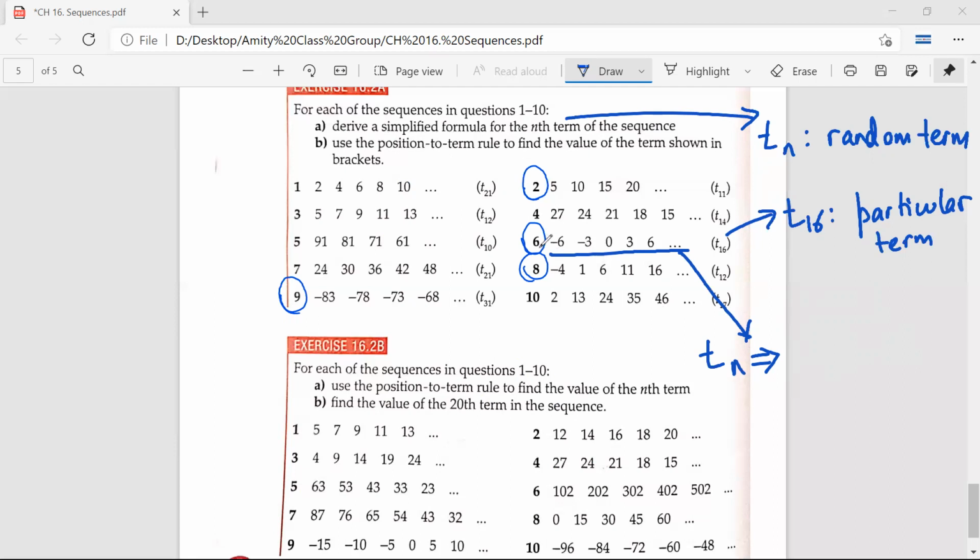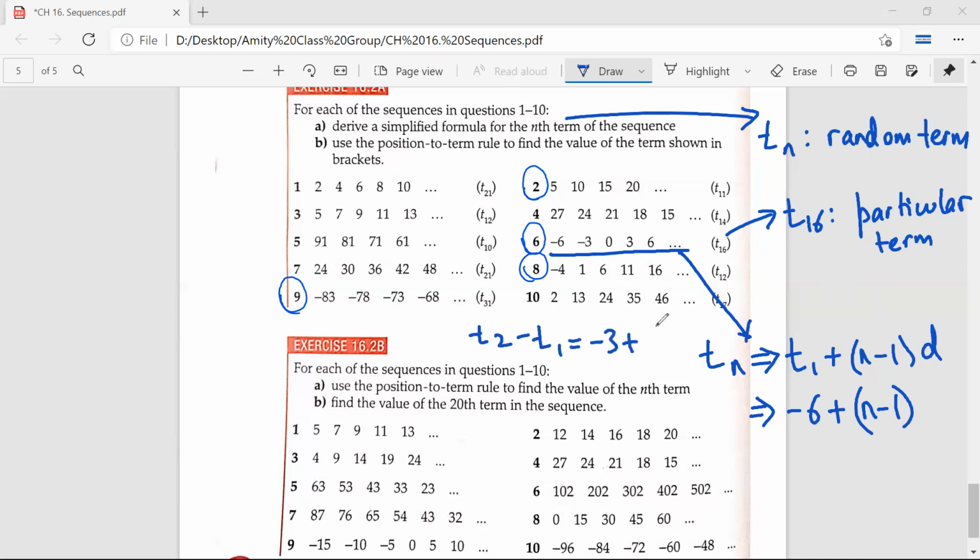Soumya ji, how will I find Tn for question number 6? What is my T1? T1 is -6 and the difference is 3. So my Tn would be?